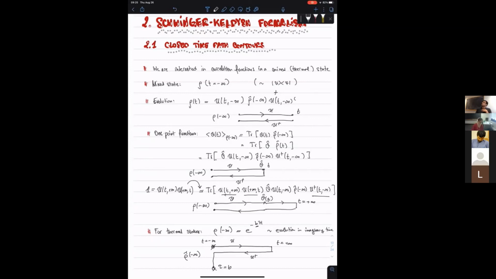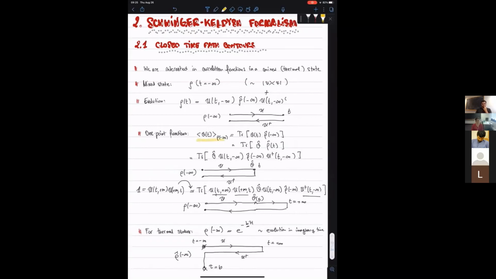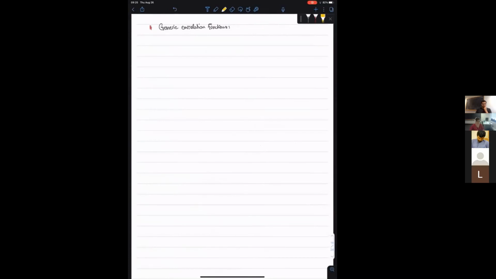And so I talked about one-point functions, but you can also look at generic correlation functions. Generic correlation functions of the form, for example, of O4, O3, O2, O1 in the same state. So where again 4, 3, and so on, this is to mean the time with the label 4. So this will be written like this.